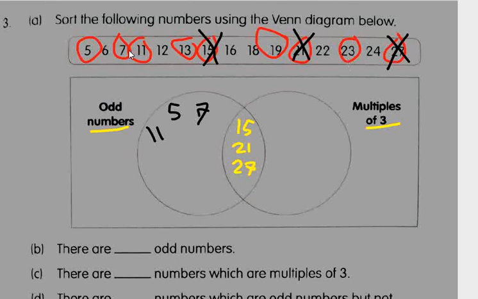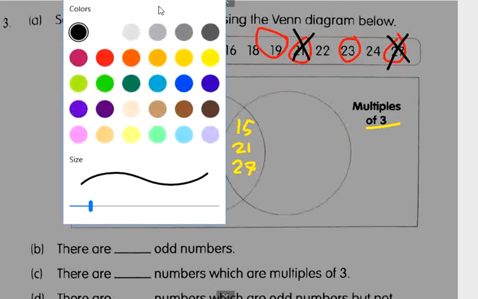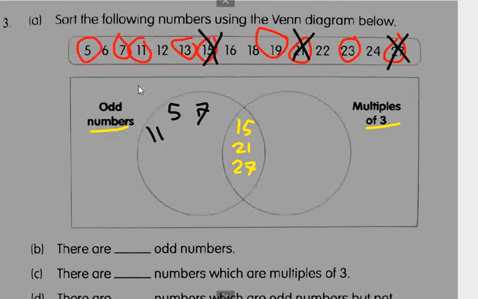And what about the numbers that have not been circled? I will mark them with green, I think. All of them are even, right?